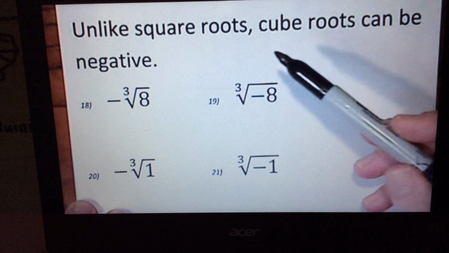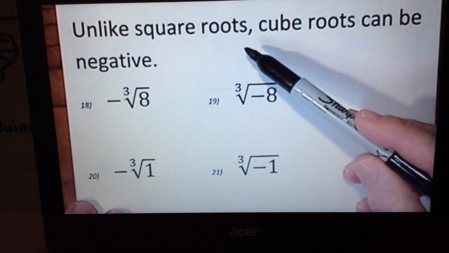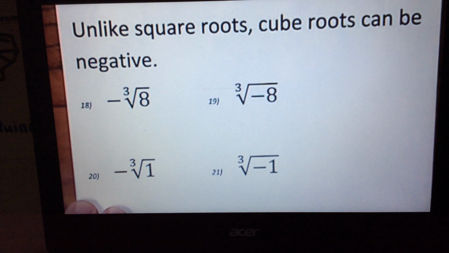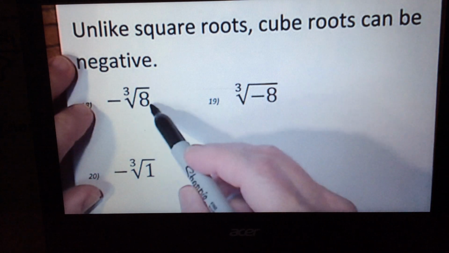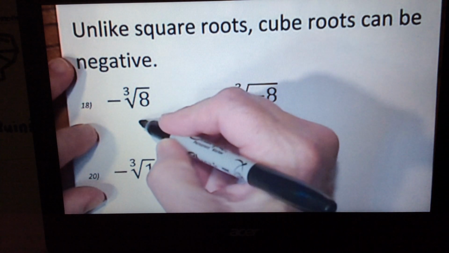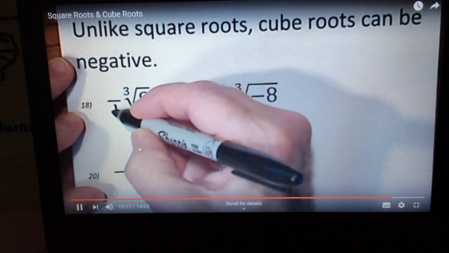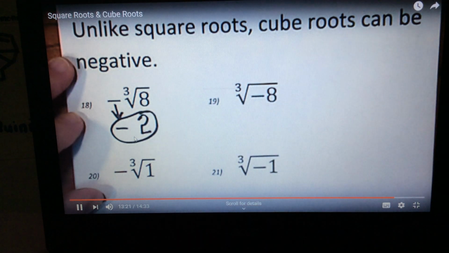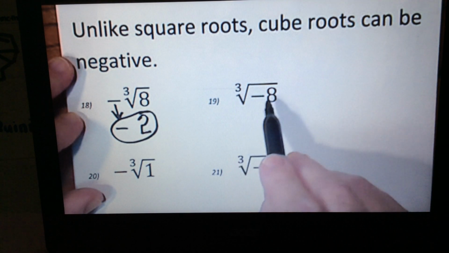Now, unlike square roots, where you have to be very careful about negative signs, with cube roots, they don't cause a problem. So we've already figured out the cube root of 8 is 2. And in this case, the negative would again just drop down. Over here, if it was a square root, we'd have a problem.